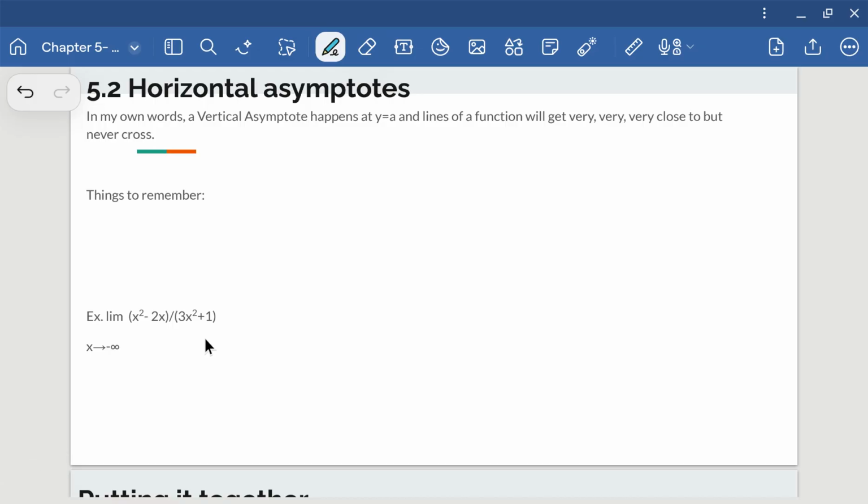So for example, when I'm looking at horizontal asymptotes, I said it in my own words, but then I didn't change this to horizontal. Horizontal asymptotes happen when y equals a number, and just like vertical, you're going to get very, very close to that number, but you'll never cross. So just here, things to remember: if your limit as x tends towards positive or negative infinity of f of x equals a number, this L is a number, that's what our textbook uses.